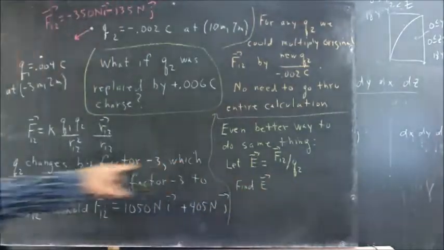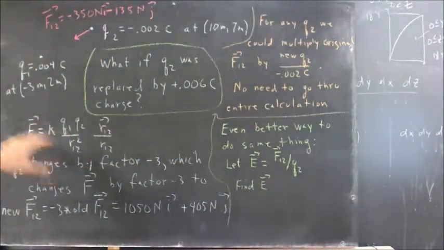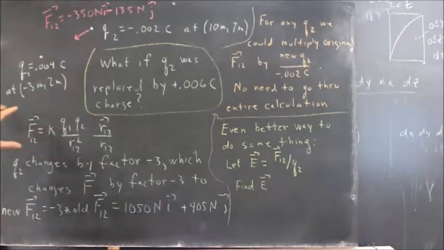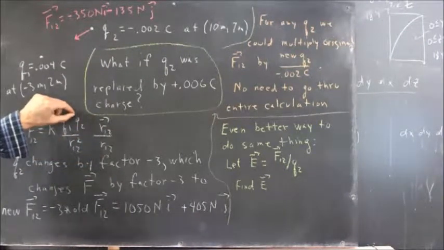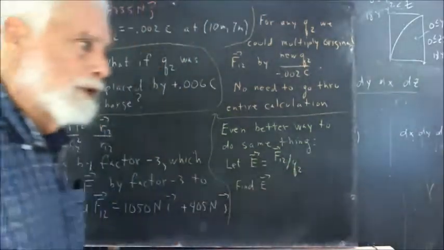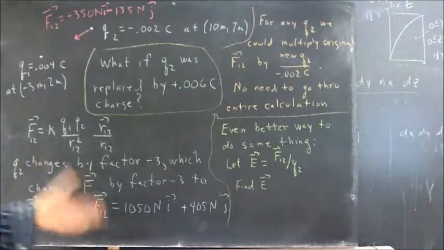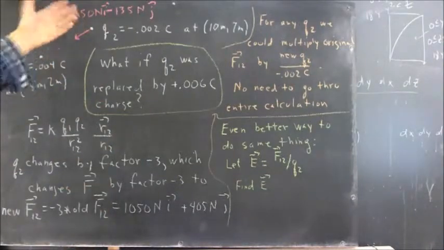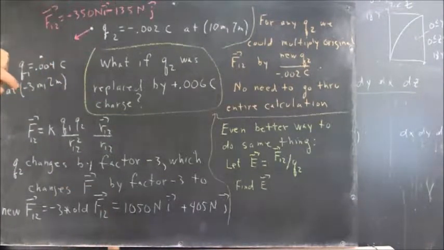When we divide this expression by Q2, we retain everything that we used in calculating F12 except for the Q2. If we let E equal F12 over Q2, then we're going to be able to use that to calculate the force at this point for any charge that we want to put there.